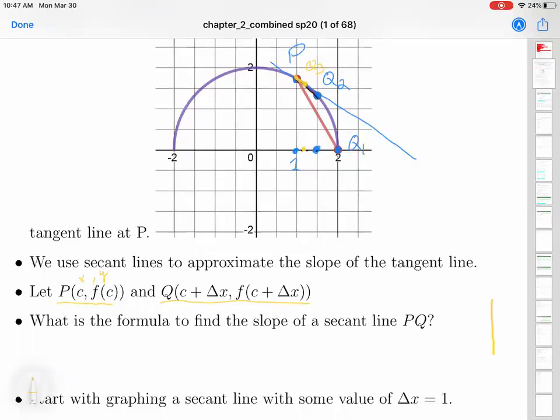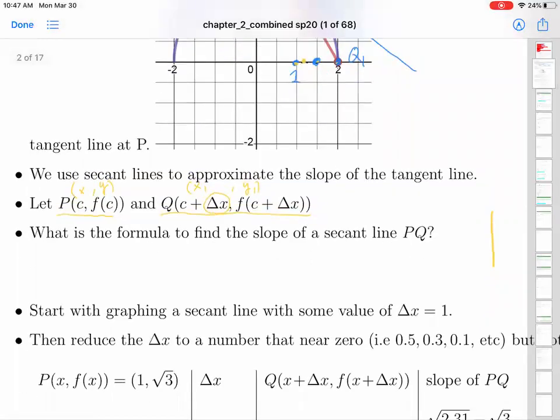When you add a distance to the X value C, delta X. So delta X is the distance between the X value of the original point and the X value of the new point. And f of C plus delta X is the Y coordinate of the new point Q. You have this X here, and you also have Y here, and since these are different, I call them different names.